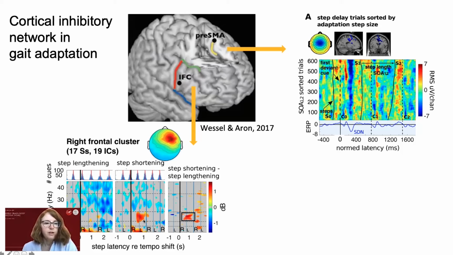This indicates that step shortening requires response inhibition. We also showed that single-trial error-related potentials predict the second adaptation step. They basically predict the speed of gait adaptation and the efficiency.